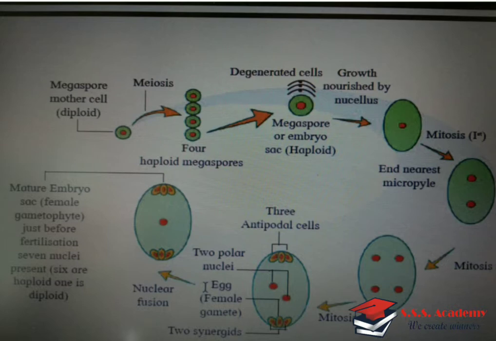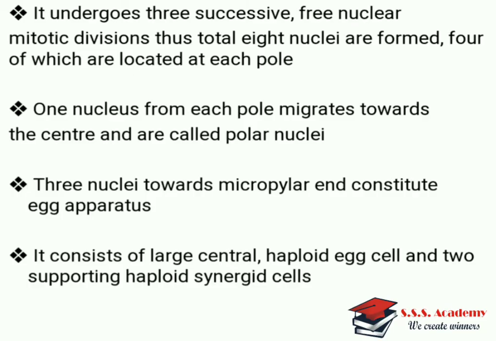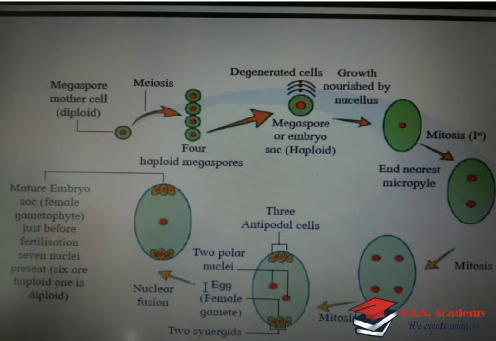There it undergoes three successive mitotic divisions. That single cell goes through mitosis first, mitosis second, and mitosis third.